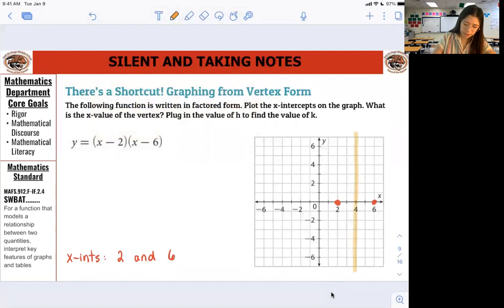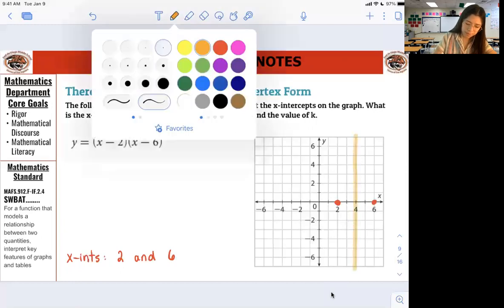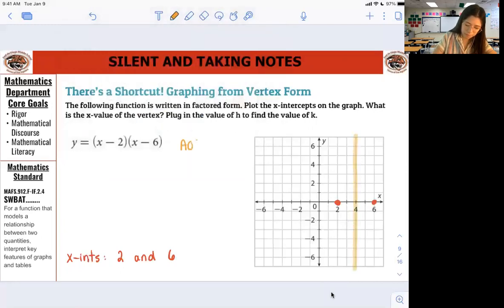So I know that h equals 4, or hold on, let me write that a different way. I know that the axis of symmetry is at the 4. Since the axis of symmetry is at the 4, that means that h equals 4.